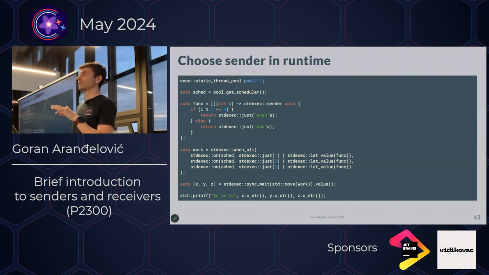We are just talking about the value channel here, but if we are thinking about the error channel and cancellation channel, then there are various ways how let value can operate and which sender should be returned from it. But let value is a function that will, at runtime, return a sender on which you can attach some other work.